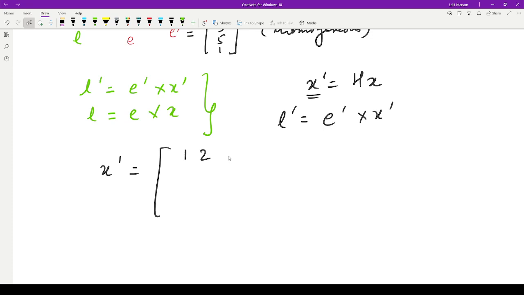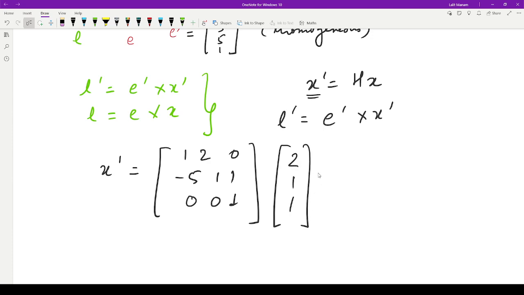Okay, so I'll just write out the numbers. This is a nice homography matrix. It seems the last row is 0 0 1. And what is X? It is 2 1 1, which gives us X prime equal to 4, minus 8, 1.